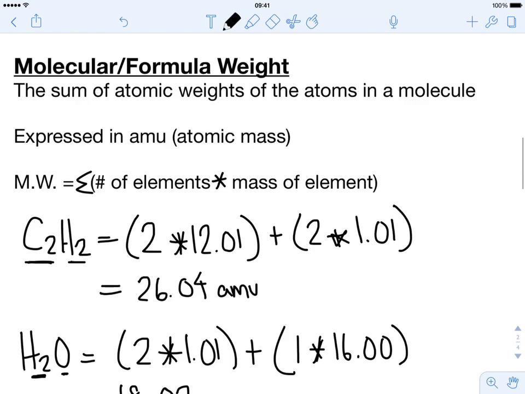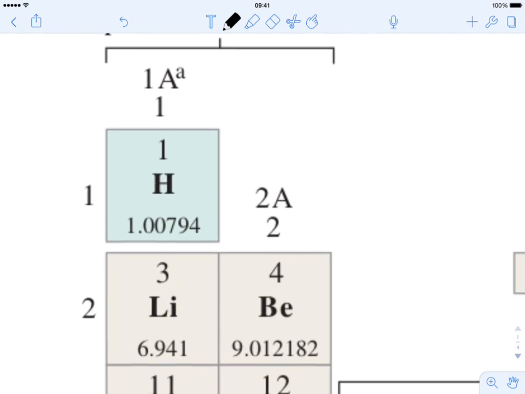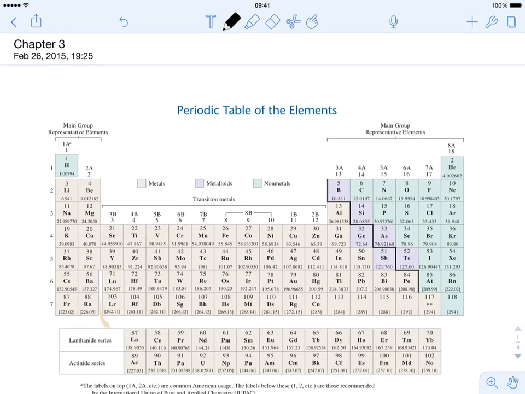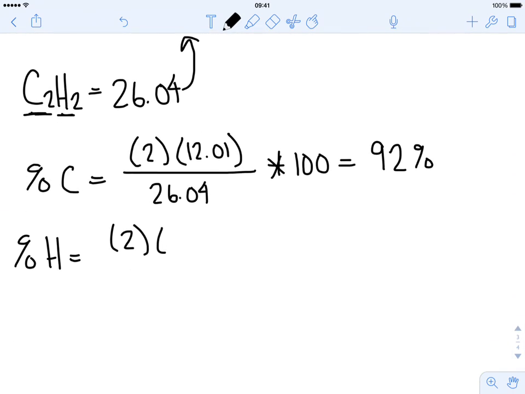So now let's figure out what percent of the ethane molecule is hydrogen. So we're going to go through the same process. First we do how many atoms of hydrogen do we have? We have 2. We're going to multiply that by the atomic mass of hydrogen. So if we go back to our periodic table, we look at hydrogen, and the atomic mass is going to be 1.01.